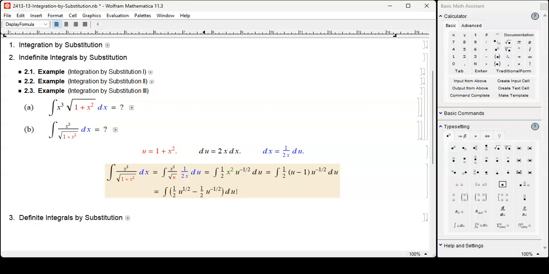And then we can calculate the antiderivative term by term. 1/2 was there before. And then add 1 to the power, 3/2, and then we have to divide. Negative 1/2 was there before, and add 1 to the power, and then we have to divide.